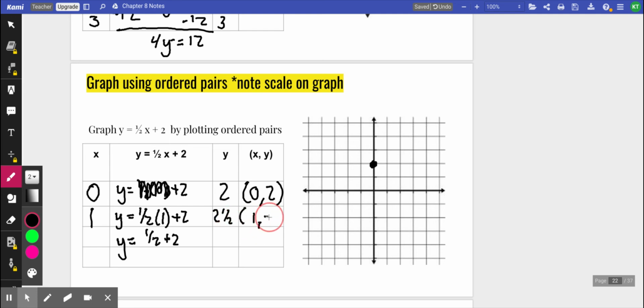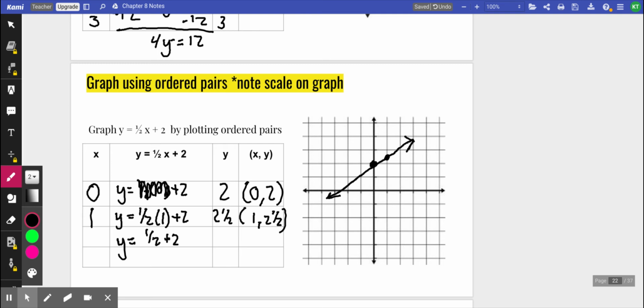So we have (1, 2.5). When I graph, x is 1, y is 2.5, so that would be just in the middle right there. If I connect these with a straight line, that gives me the line for that.